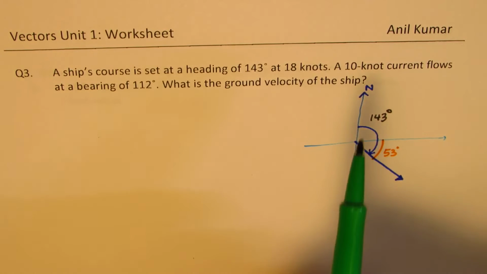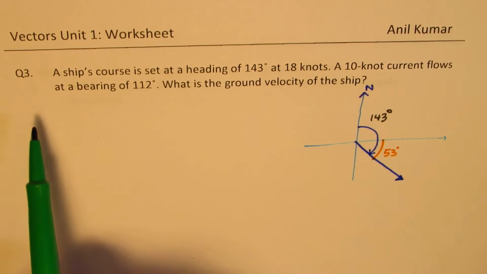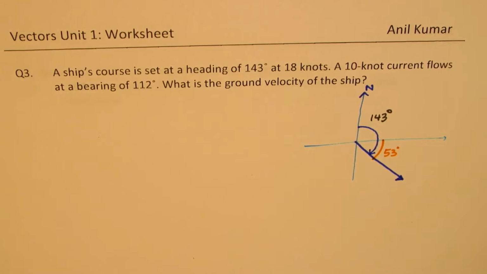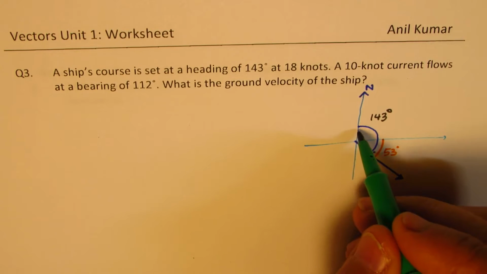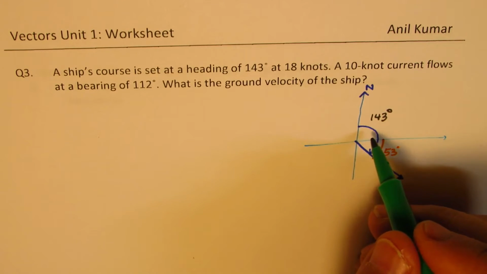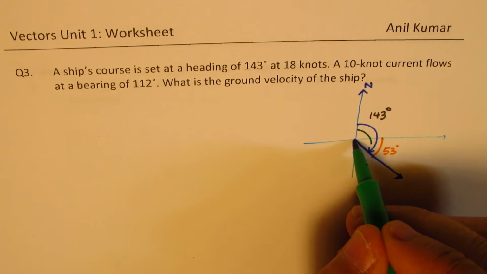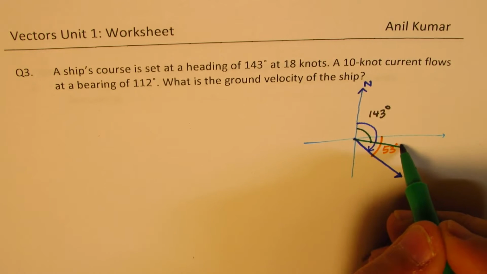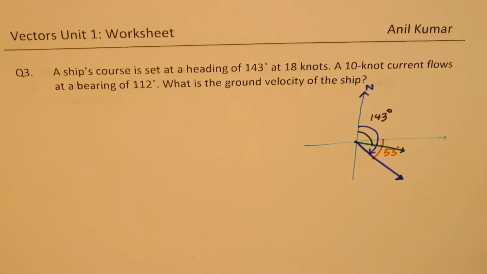The other one is a 10 knot current flowing at a bearing of 112 degrees. So 112 is also greater than 90, right? So 90 plus 22, right? So it is kind of like this, slightly less. Let's go like this, and a little smaller than this. Okay.